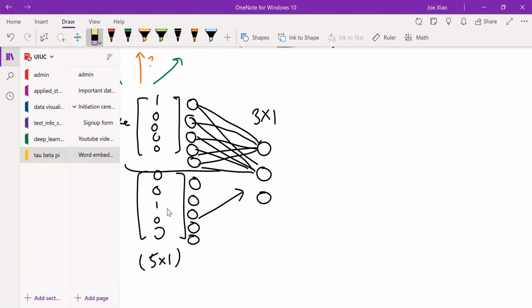So we can learn these weights. This weight matrix now is going to be of dimension 3 by 5. And then what we're going to get is something called, this is the embedding vector.